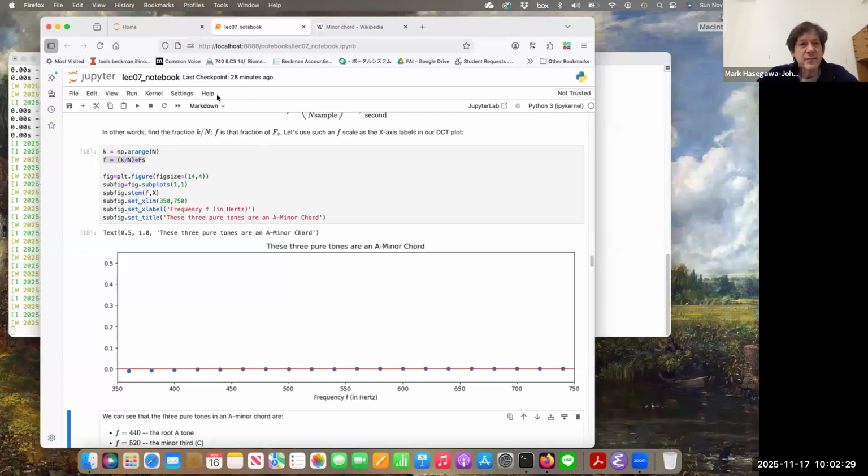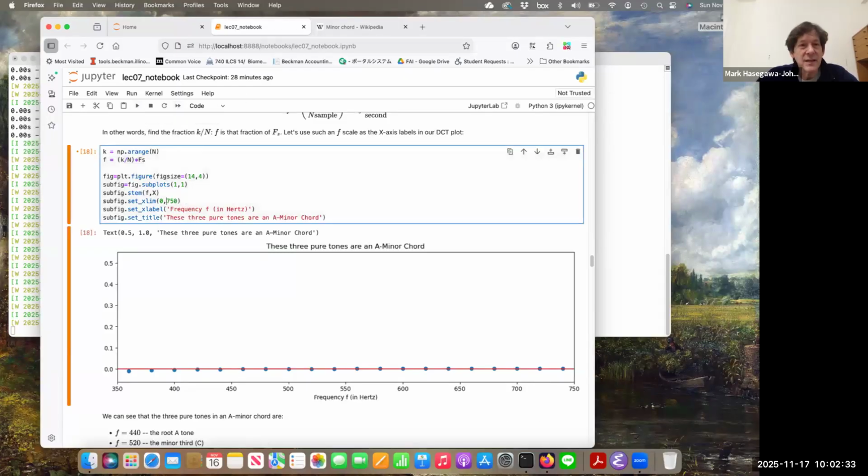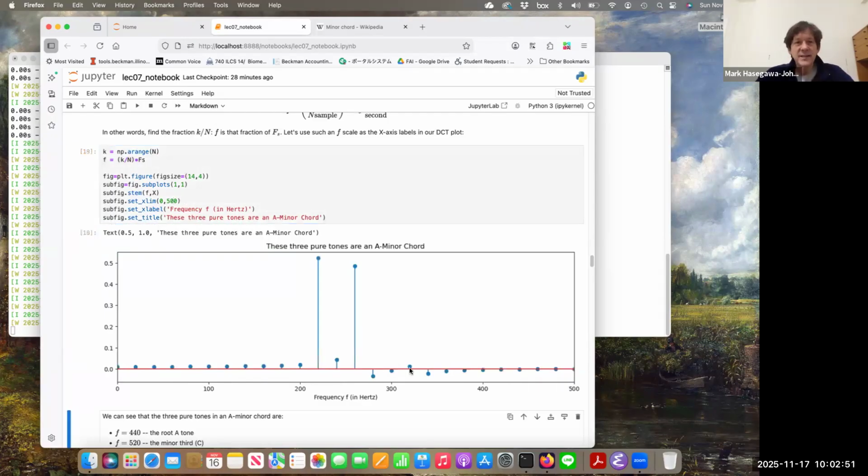Set the x limit between 0 and 500. If I plot between 0 and 500, I get that the frequencies are, here's one at 220, here's one at around 260, here's one at around 320.